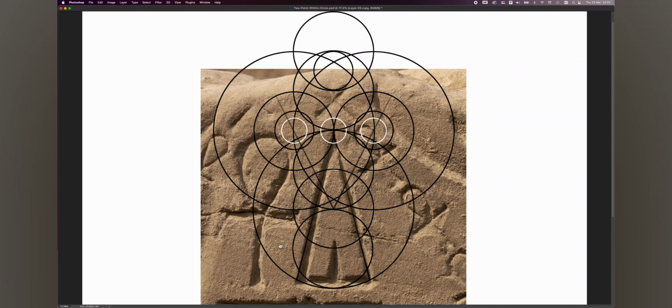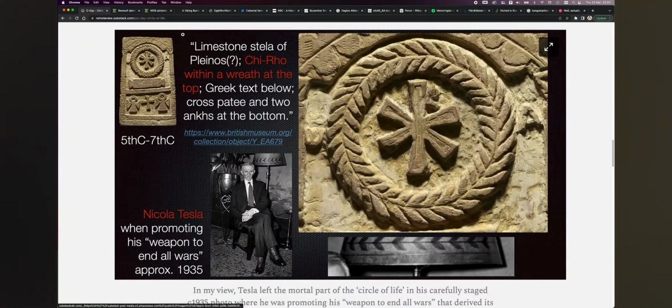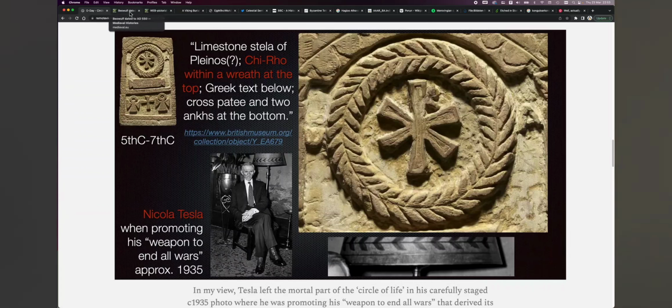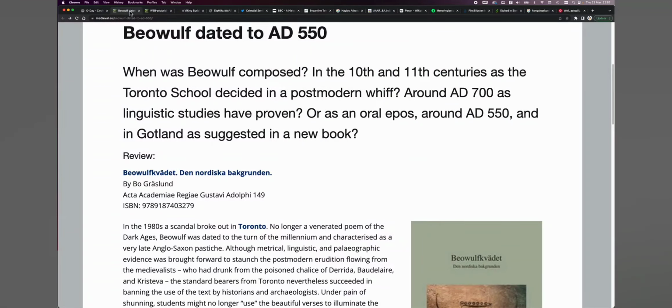as I said, I've been looking to see if there are any correlations between other sort of history, or should we say ancient works. And one thing that I came across was Beowulf, which according to one writer, this could be around AD 550.